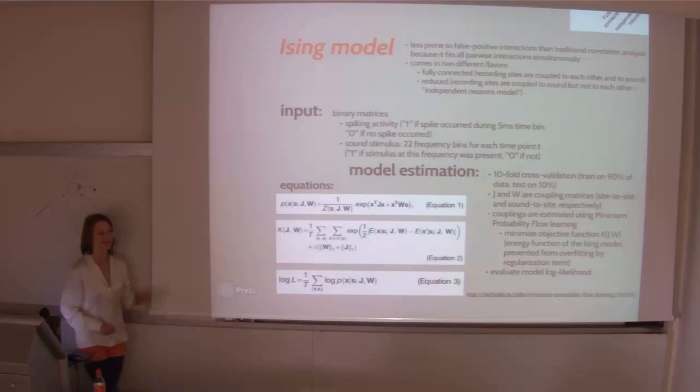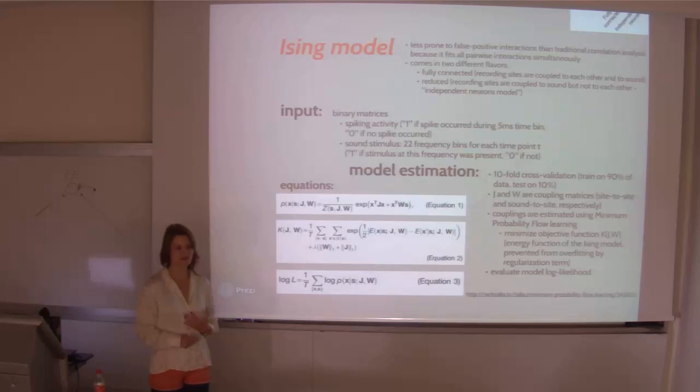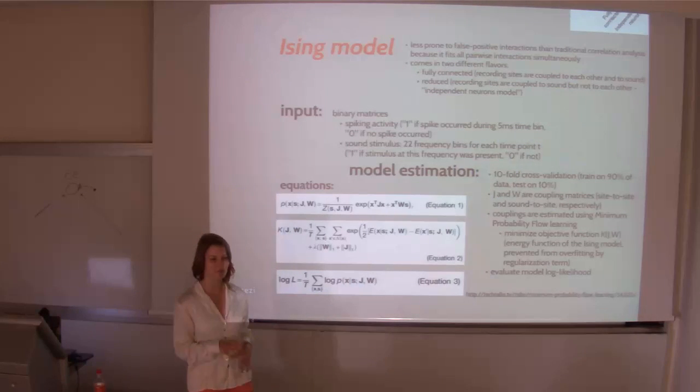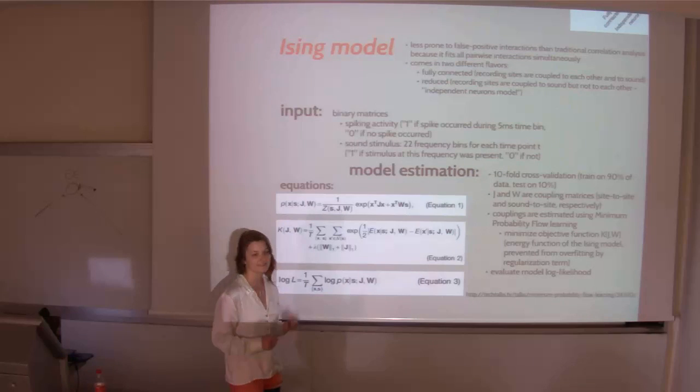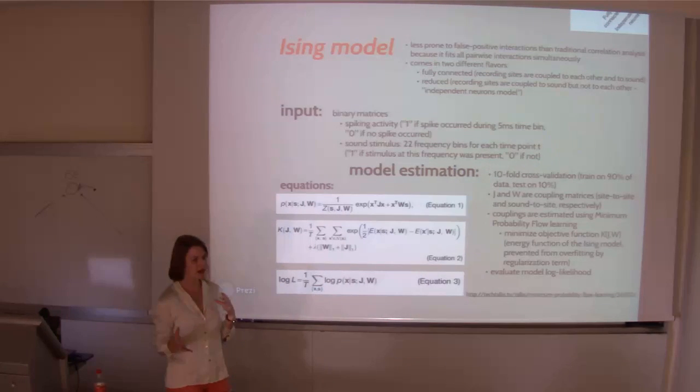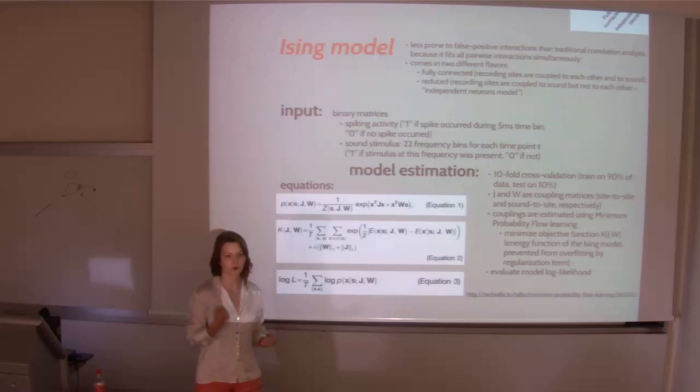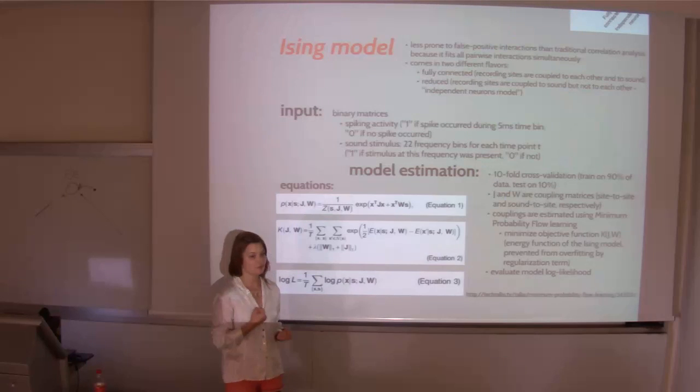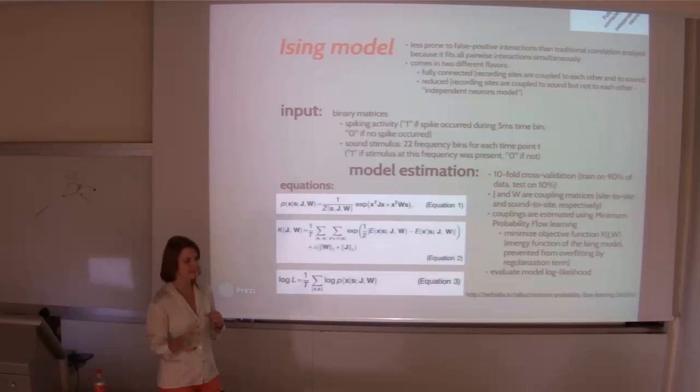First of all, the Ising model. Now, my physicist friends here in the class will probably know much better what this is about than me. It's a model that comes from physics and describes coupling between 2 places. So it's different from traditional correlation analysis in a few ways, mainly that it takes into account the site-to-site coupling between all sites.